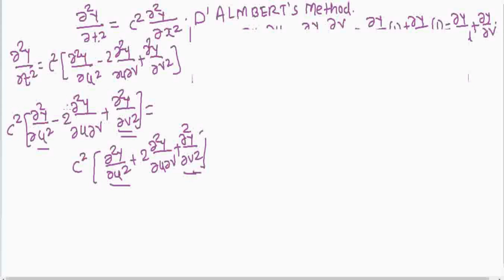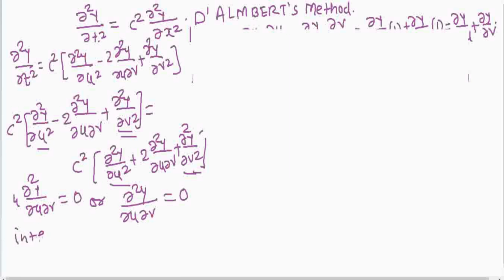What remains: this is minus and this is plus. So we get 4 times ∂²y/∂u∂v equal to 0, or ∂²y/∂u∂v equal to 0.